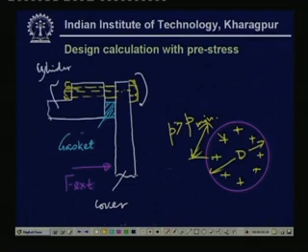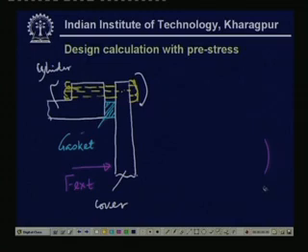Now based on that, we can find out what the new load on the bolt will be.